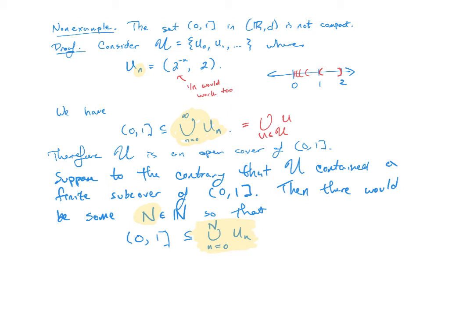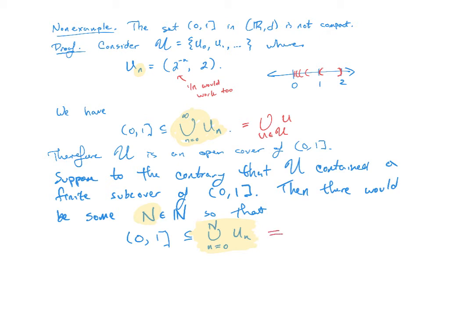But this is a contradiction. Why is this a contradiction? Because 2 to the minus N is not in it.